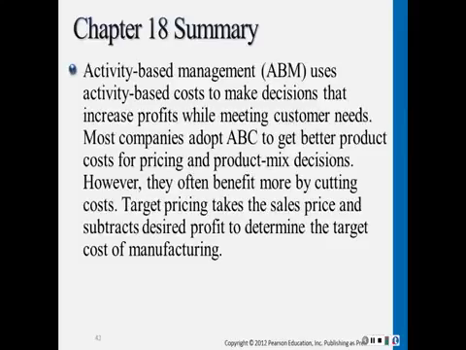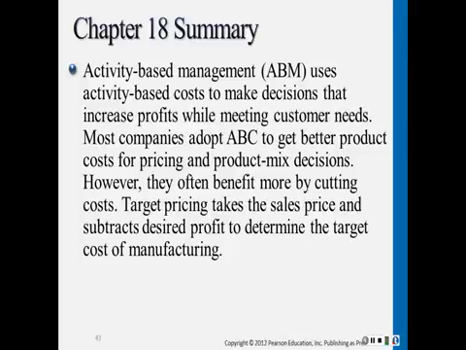Activity-based management uses activity-based costs to make decisions that increase profits while meeting customer needs. Most companies adopt ABC to get better product costs for pricing and product mix decisions. However, they often benefit more by cutting costs.